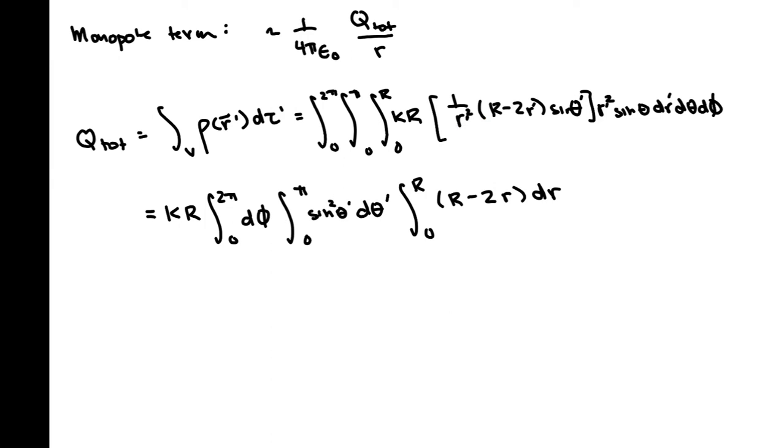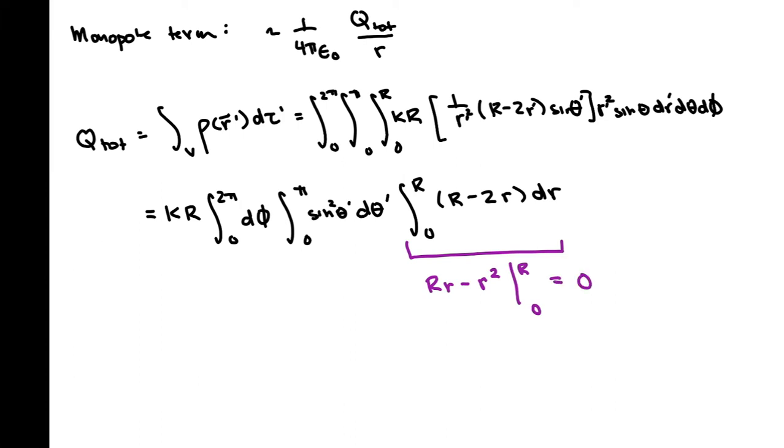Okay, in this case, if I just look at this part of the integral here, I'm going to end up getting R times r minus r squared, evaluated from 0 to R. I think if you guys notice, if I plug in R for that, I'm going to get 0.